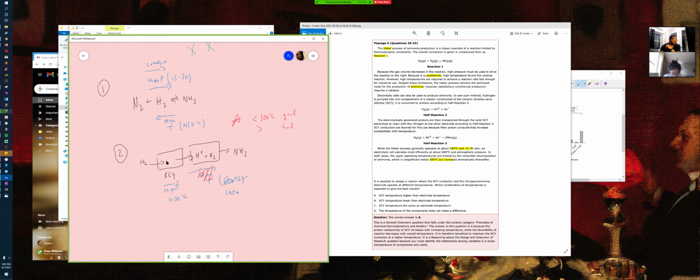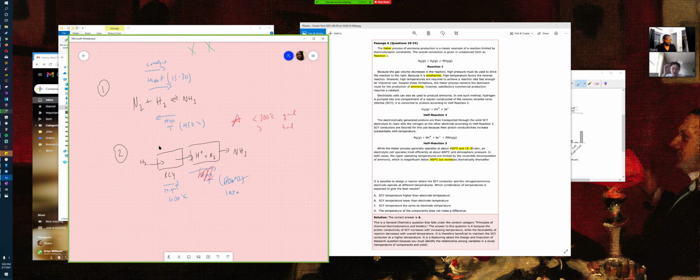If you can make it so this is high temperature and this isn't, that would work, because overall you don't want the temperature to be that high. Since you know that the SCY part works at high temperature, you could just make it so only that part has a high temperature.